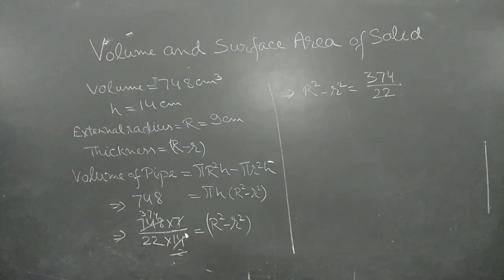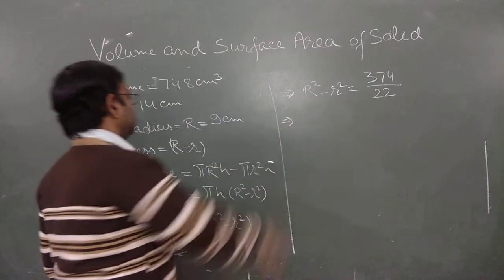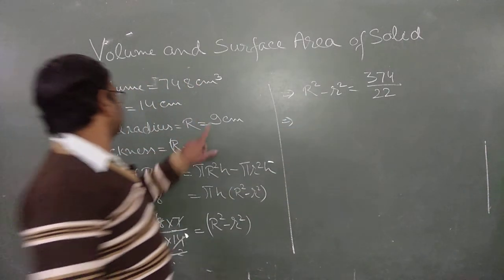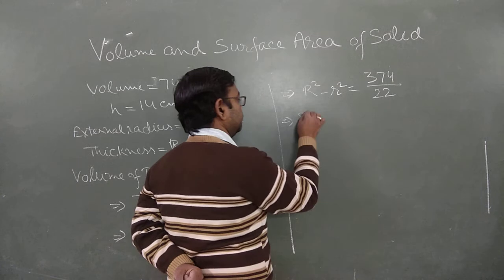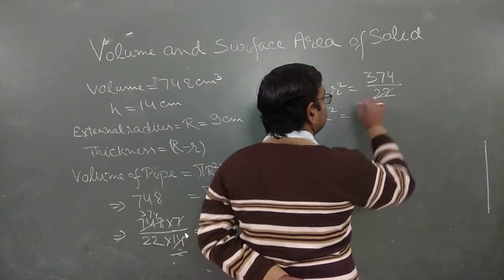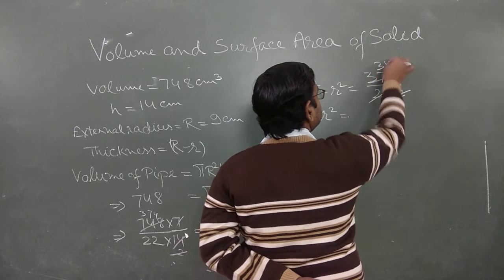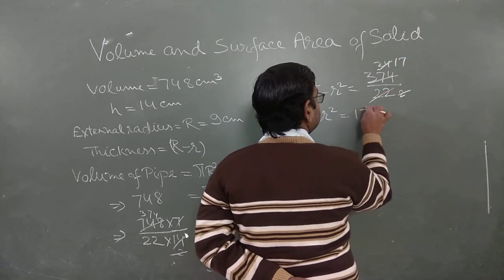Clear? And we know the value of capital R square, it's 81. So here we can write down 81 minus small r square equals, first try to solve this one. 11 2s are 22, 11 3s are 33, 11 4s are 44, 2 17s are 34, so this one is 17.